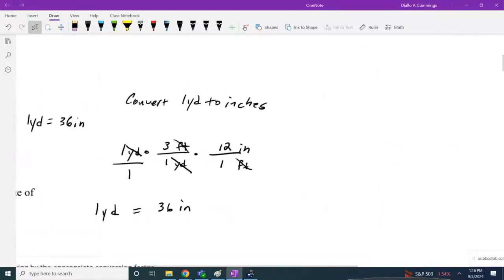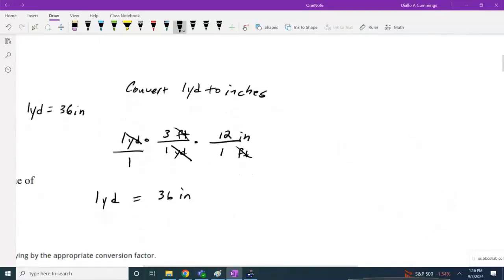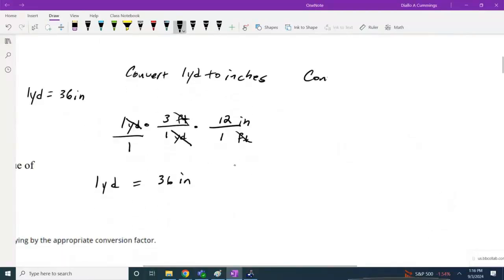So I'm actually going to develop one over here: convert 1 mile to yards. So I'm going to start with 1 mile.